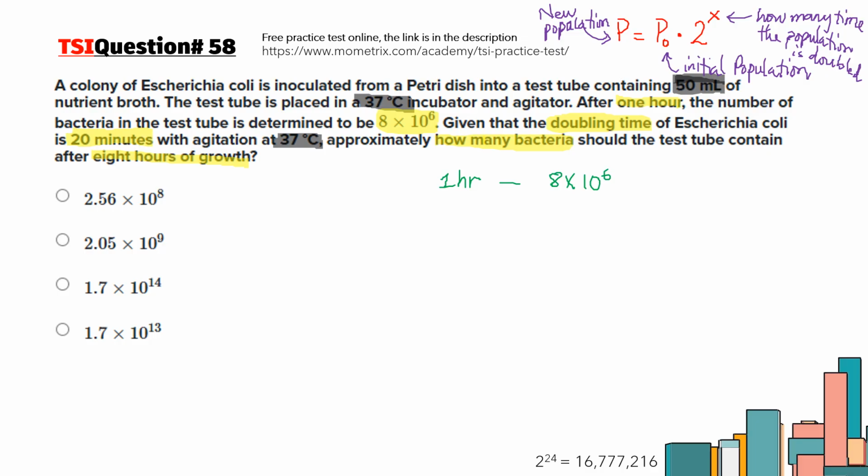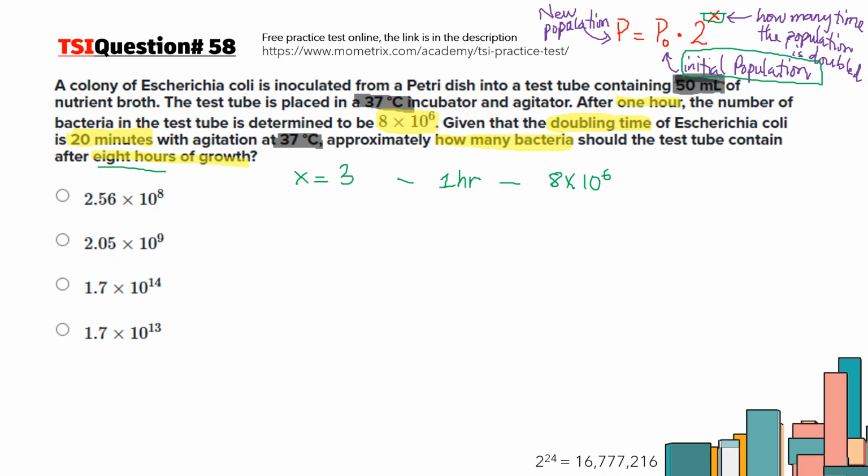To calculate 8 hours, we need to know the initial population and how many times the population doubles. They say the doubling time is 20 minutes. It means in 1 hour, x equals 3. You double the population 3 times.